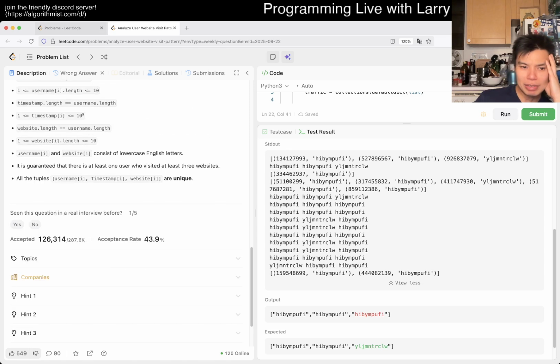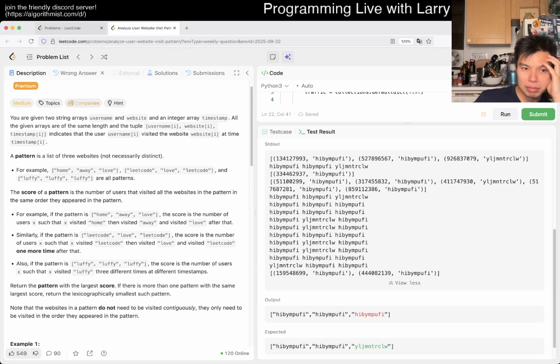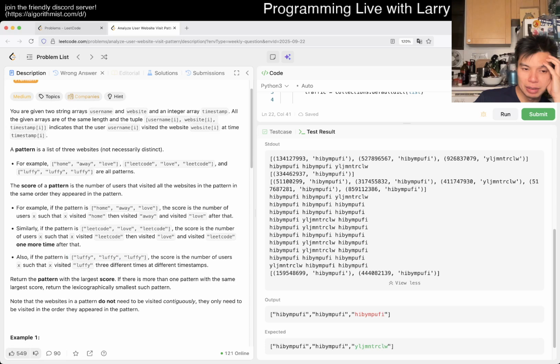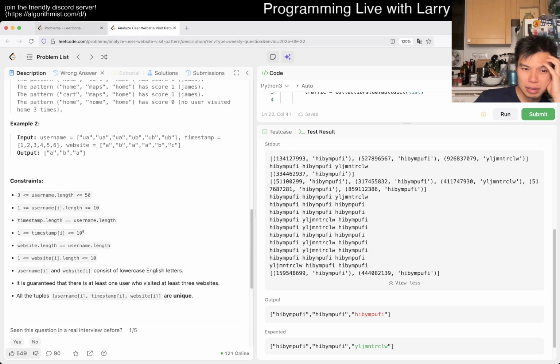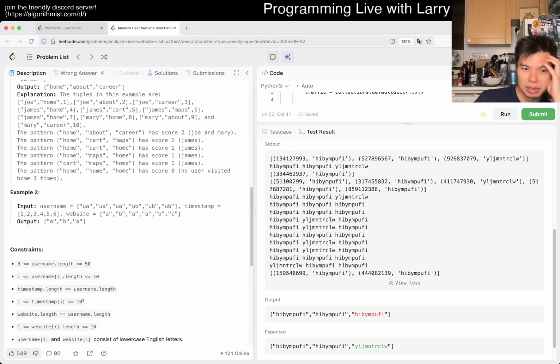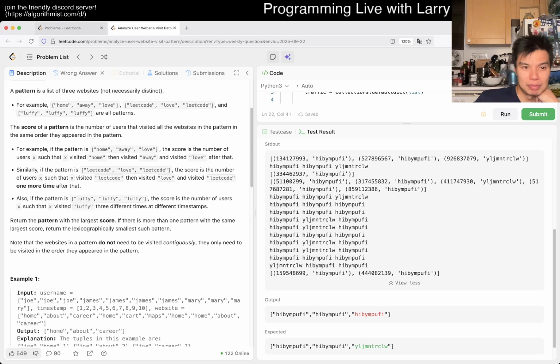I don't know. I feel like this is a very dumb problem. They're not really reading it. I don't know how to count a pattern when you have things with dupes. Still got the constraints. It's either that or I missed some tie breaking thing.